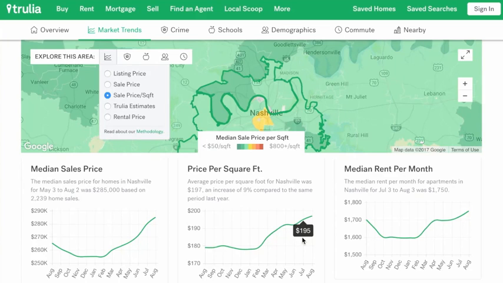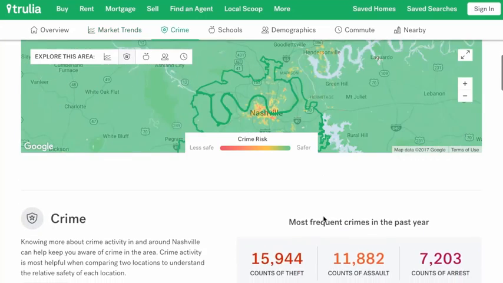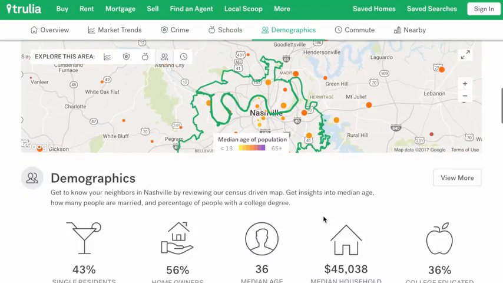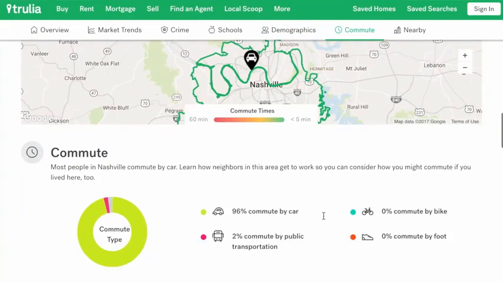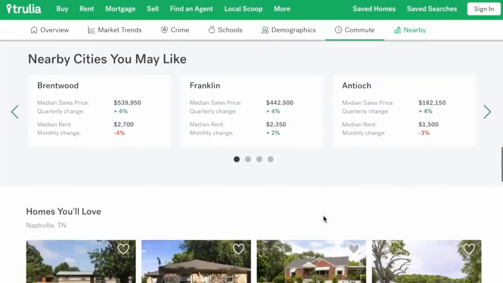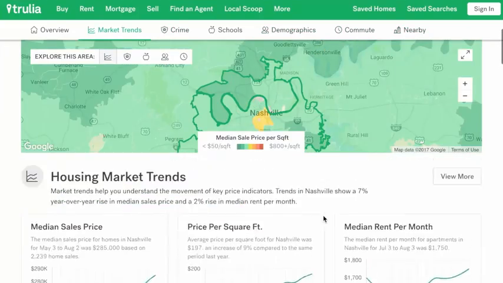What are the trends that are going on? Rent, same thing. You can see rent took a big dip, and now it's kind of gone back up. All right. And then there's other things to look at here, you know, income and crime and different things like that. But those are the main things you kind of want to look at here.